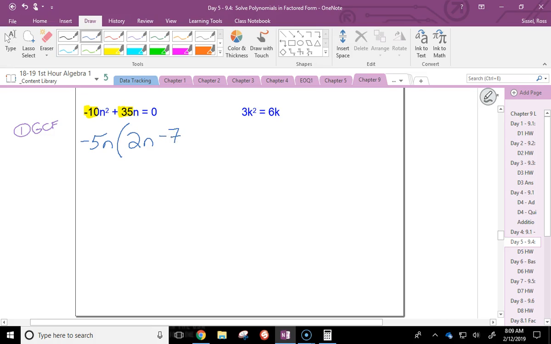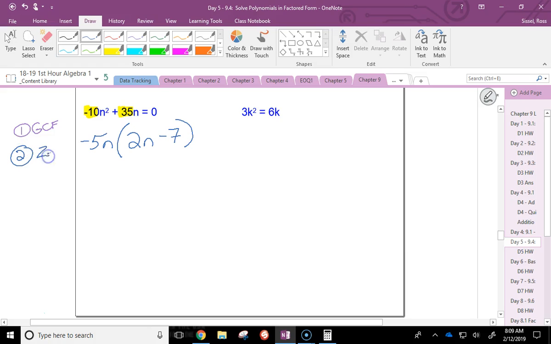And the n divided by n is 1. We have now factored that. And you'll see the main reason we've done that is now instead of having an addition, we now have a product. Negative 5n times 2n minus 7. We are now to our second step.